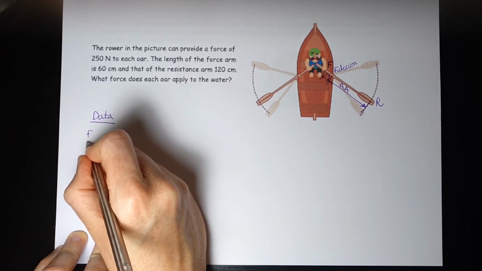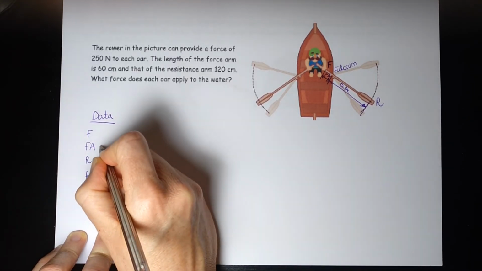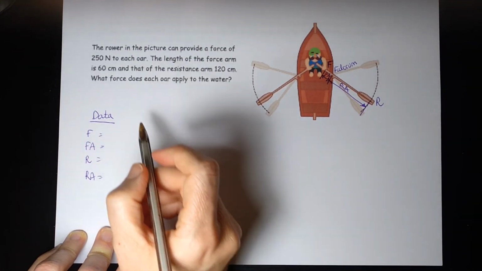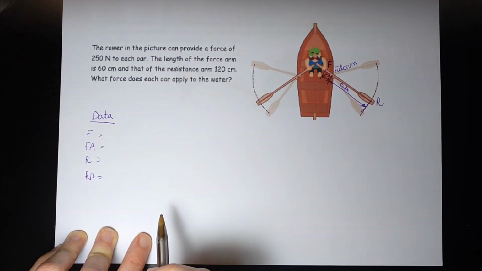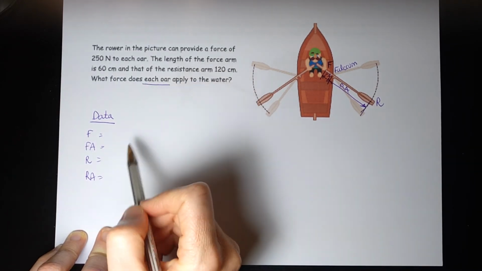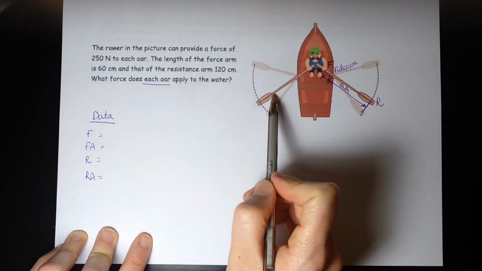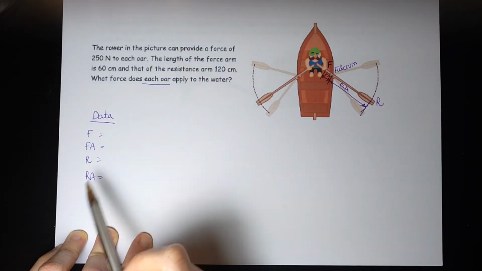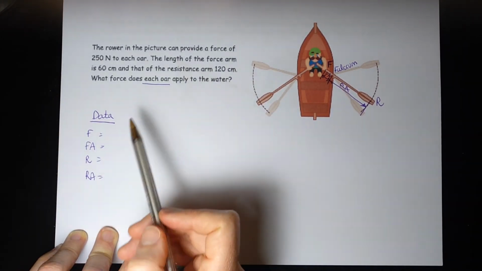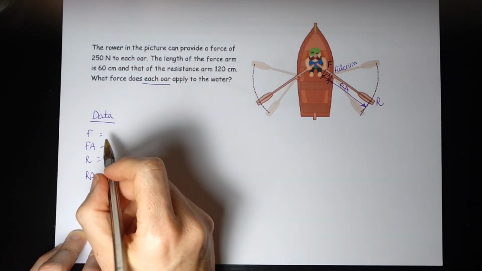Once we have everything clear, we are going to extract the data. Again, we write force arm, resistance arm, and we are going to focus on this detail. Each oar. I mean, you are looking for the force in each part. So you are going to take into account only the force that you make in one of the oars. Okay?